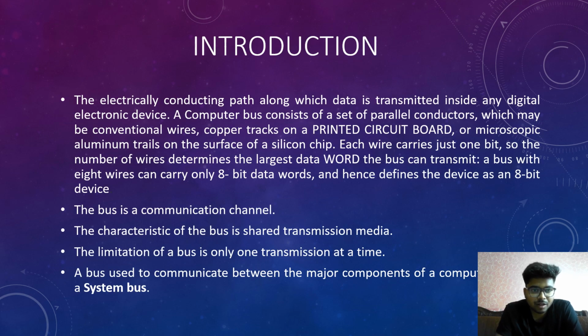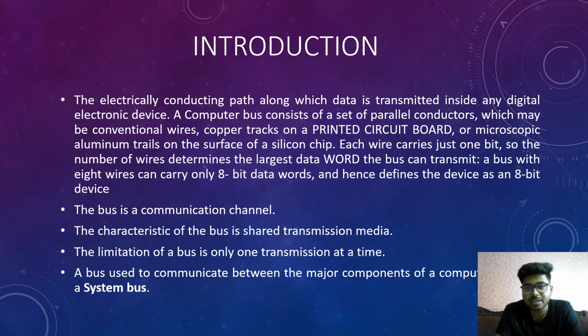Introduction. A bus is the electrically conducting path along which data is transmitted inside any digital electronic device. A computer bus consists of a set of parallel conductors, which may be conventional wires, copper tracks on a printed circuit board, or microscopic aluminum tracks on the surface of a silicon chip.